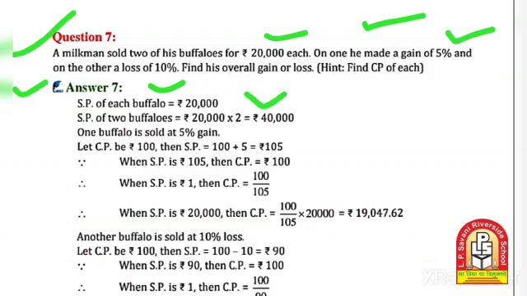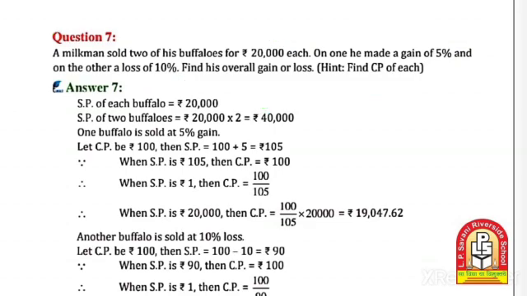Find his overall gain or loss. Here they give us a hint, find the CP of each. So here SP means selling price for each buffalo, that is 20,000 rupees, and SP of two buffaloes means selling price of the two buffaloes, that is 40,000.